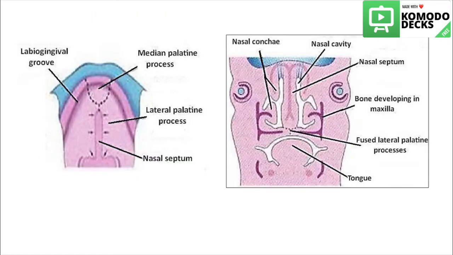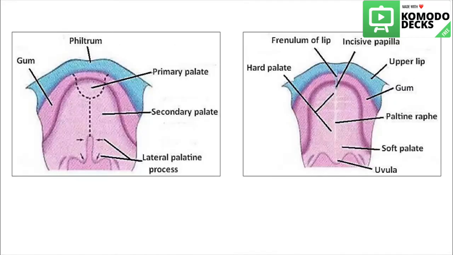Gradually, the lateral palatine processes will grow medially and fuse in the median plane. They will also fuse with the posterior part of the primary palate. Fusion of the nasal septum with the palatine shelves begins anteriorly during the 9th week and will extend posteriorly.